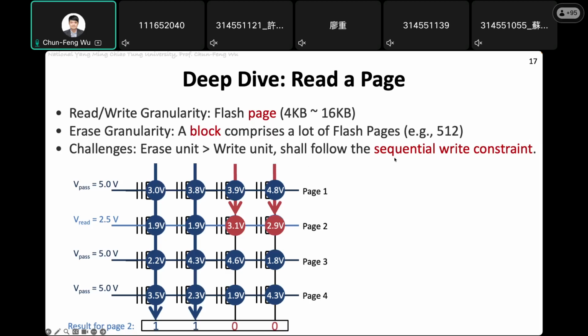For example, if you are going to update the data in this page, you cannot directly update it, because if you are going to write, you need to erase first. The reason is that when we do the program, we move the electrons from outside to inside the floating gate.